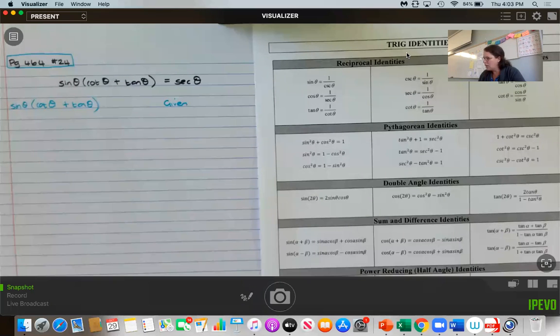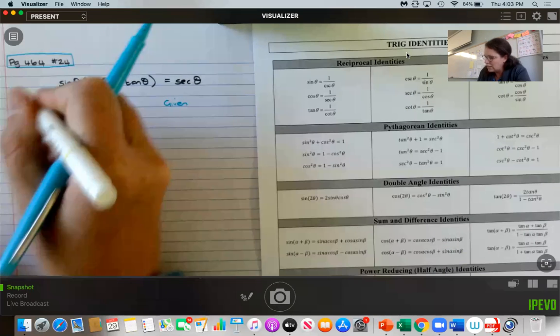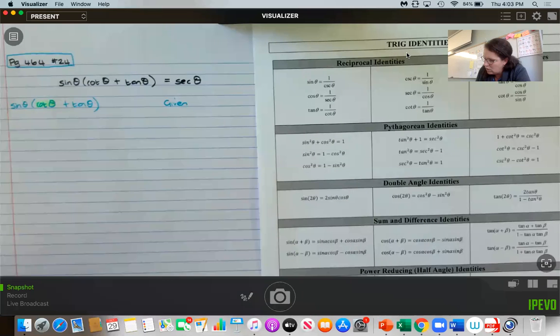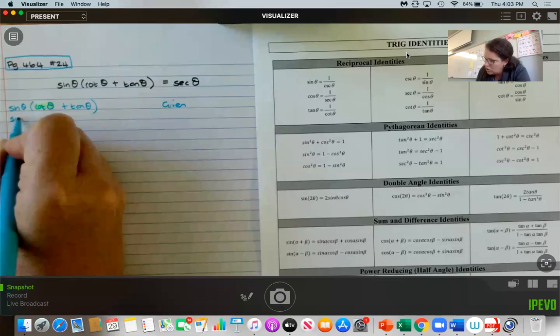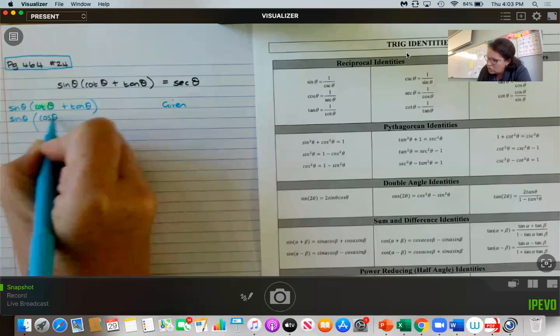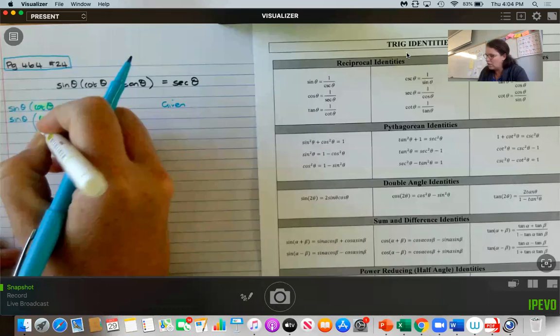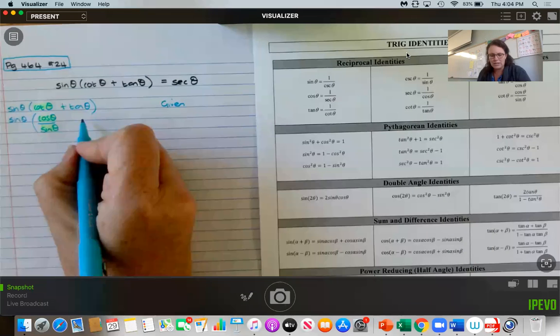I'm going to think about the different identities that I have to choose from here. I'm going to use the quotient identities to begin with. So I'm going to rewrite sine, and then change cotangent into cosine over sine. This is a strategy that often works well, to change everything into sines and cosines, because then a number of things might end up canceling out.